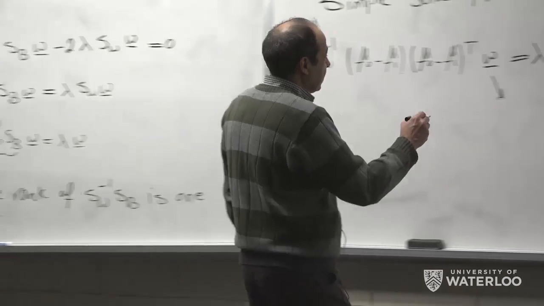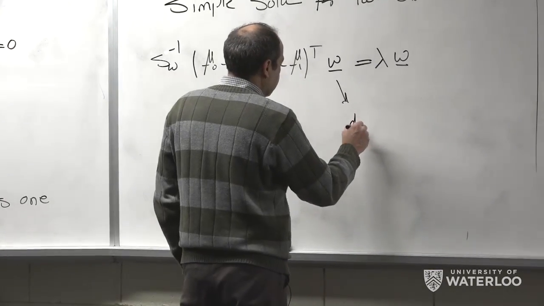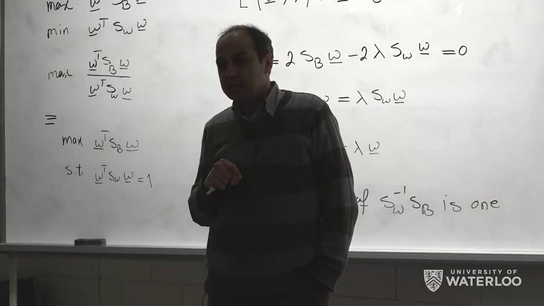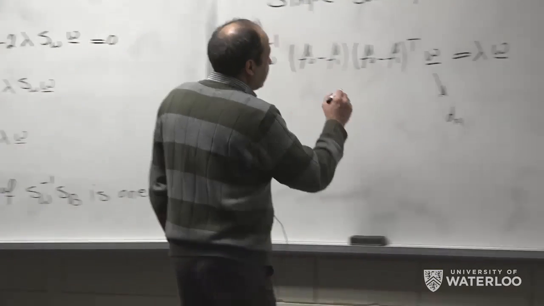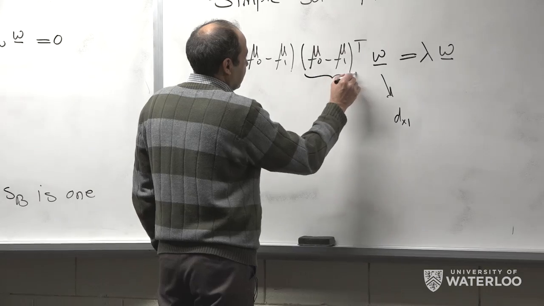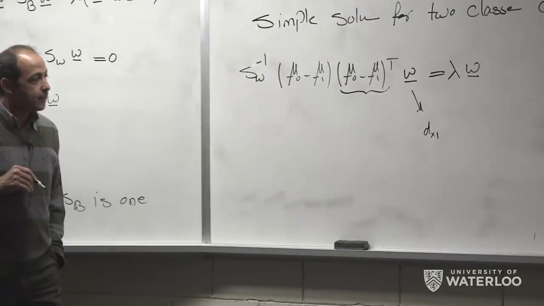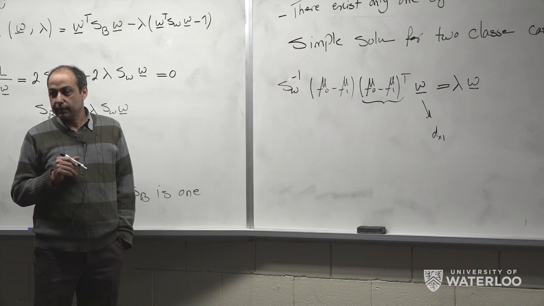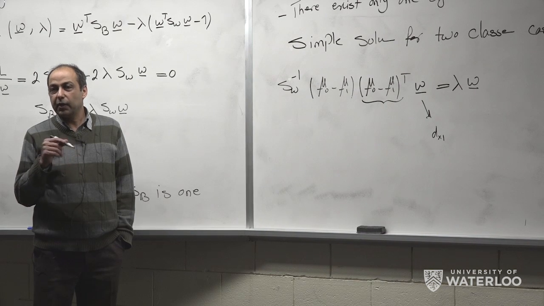So it's D by 1. It's a D by 1 vector because x's are from R^D, right? So what's the dimensionality of this? What's the dimensionality of mu?